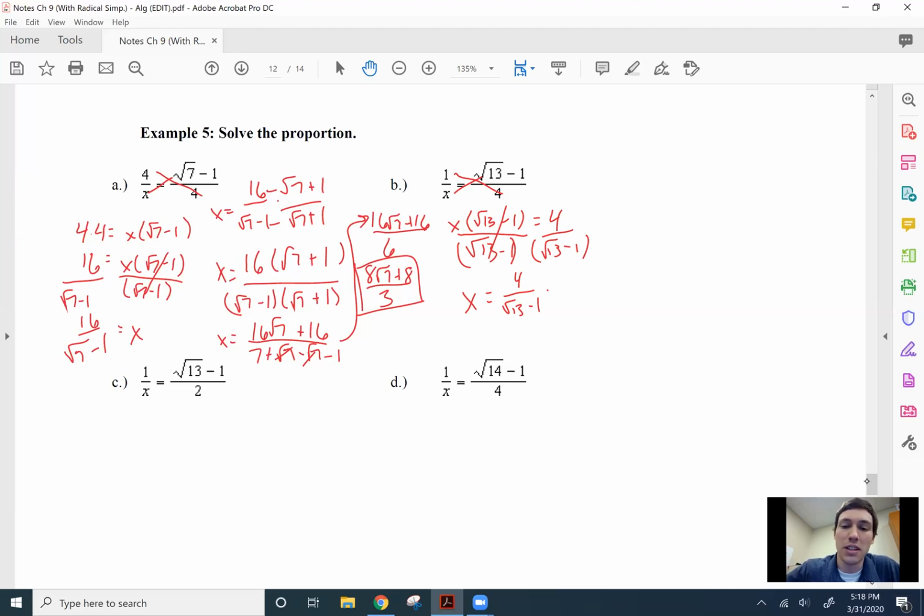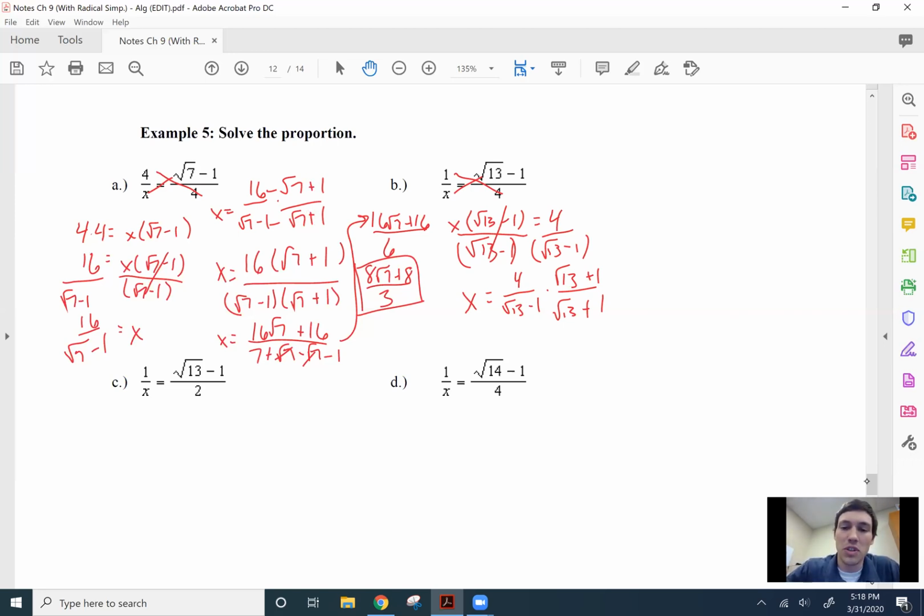Can't have radicals in the denominator. Radical 13 minus 1, or plus 1. Radical 13 plus 1. Remember, if this is a minus, this is a plus, just like over here, this was a minus, so I would make these pluses.